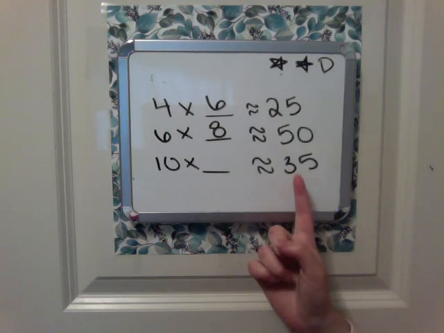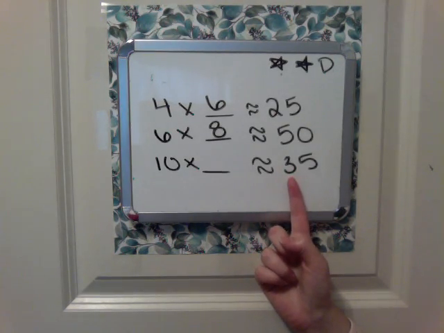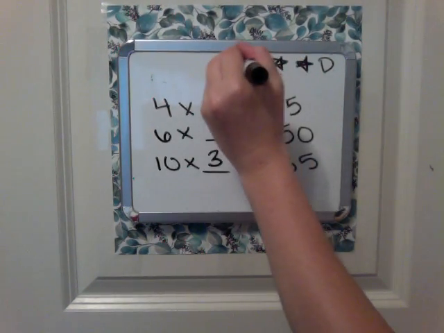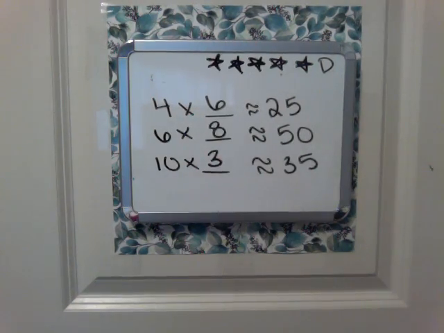So let's see, 10 times 3 gets us to 30. If we did one more, 10 times 4, that would take us to 40, which would bust or go over. So we have to stay with 10 times 3. All right, go ahead and give yourself a star for each of these that you got correct. That's up to 3 stars.